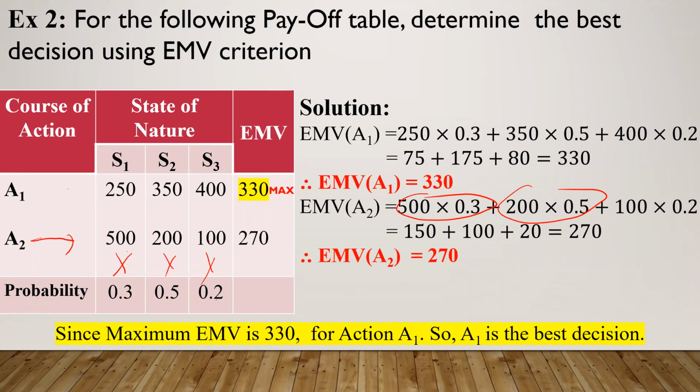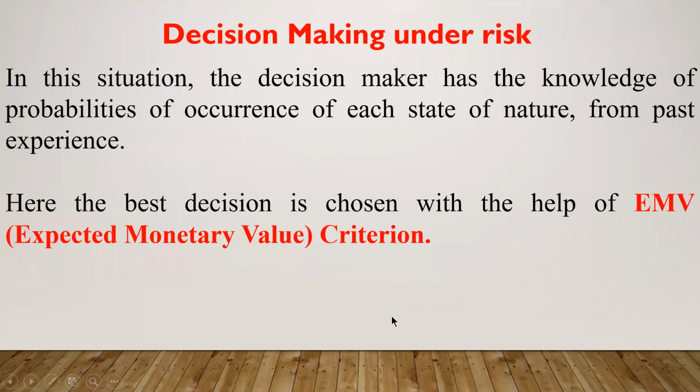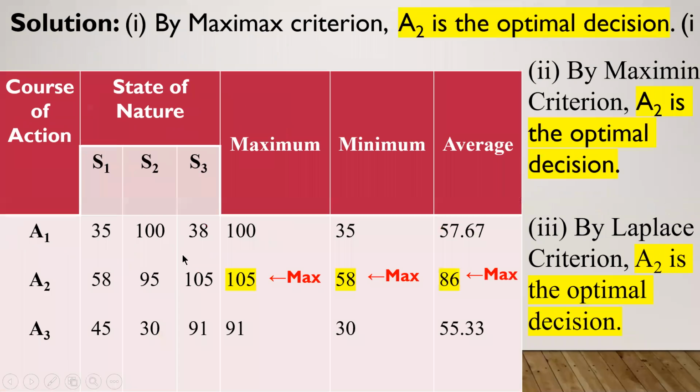Remember this, they can ask this in MCQ, because under risk you will know the probabilities by past experience. Under uncertainty, probabilities will not be given. See here, in decision making under uncertainty there are no probabilities given because the decision maker has got no knowledge of the previous data. He doesn't know the probabilities of the occurrence of various events. So he will use these criterions: maximax, maximin, and Laplace. These criterions are used in decision making under uncertainty.